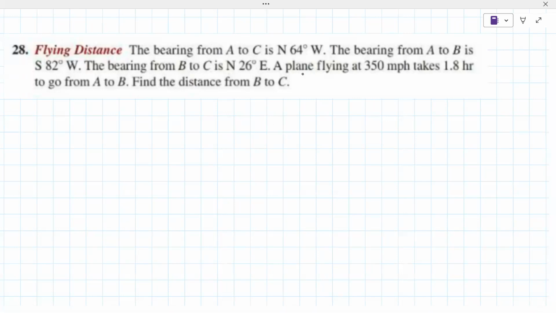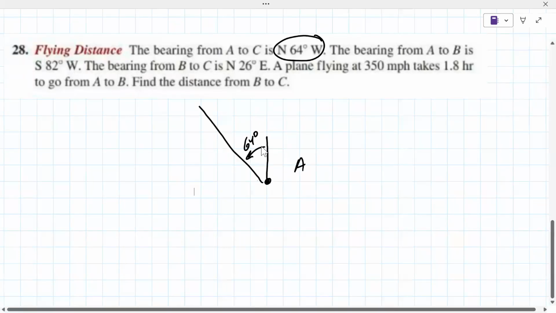So let's just start with A, and you just choose a point for A. All right. So what N64W means is you start north, but you go 64 degrees that direction. So that's what A to C is.